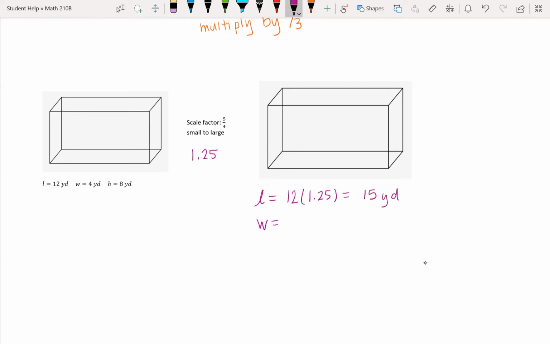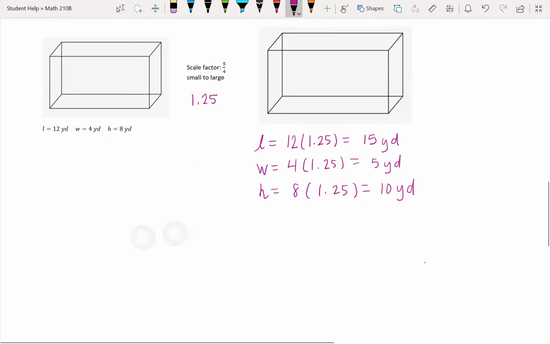The width will be 4 times 1.25, which will be 5 yards. And then the height is 8 times 1.25, which is 10 yards.